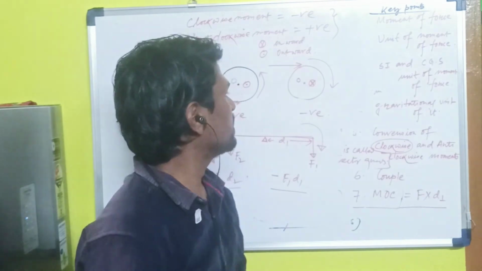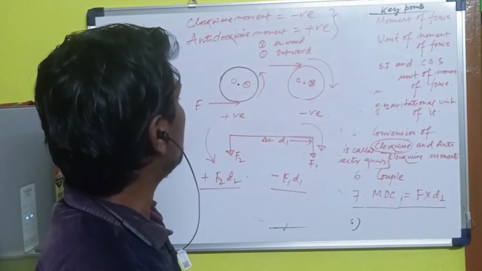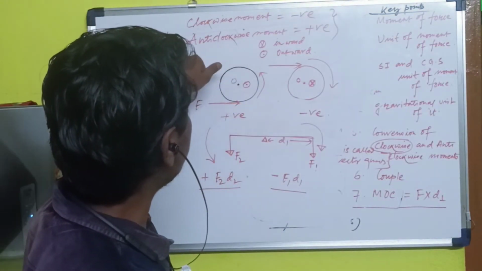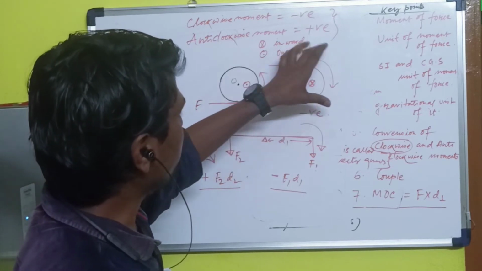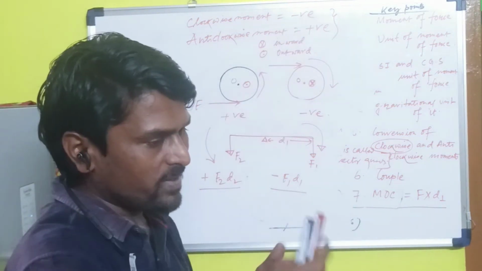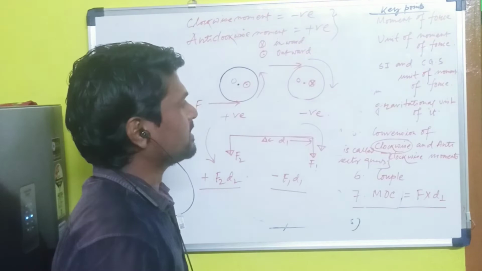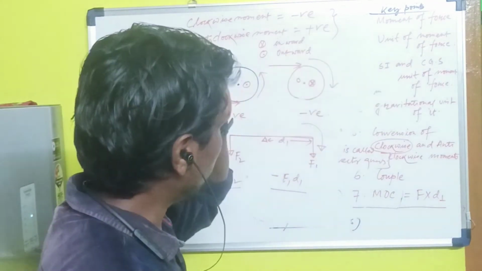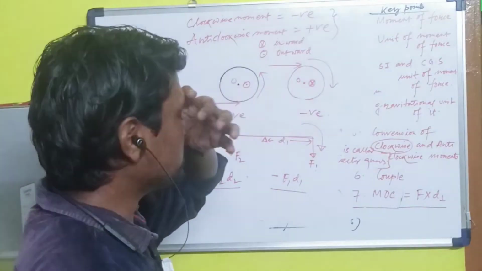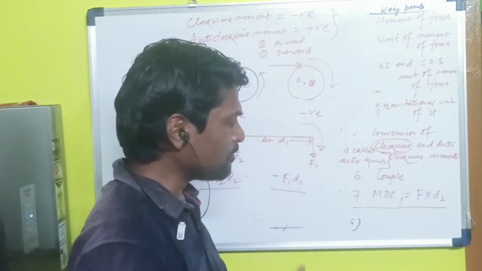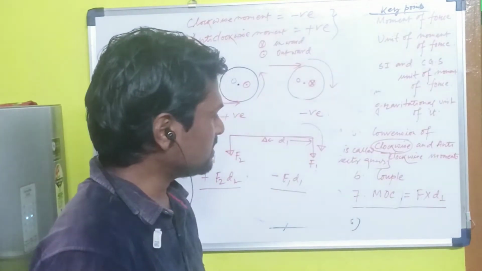When you think it is anti-clockwise, take a positive sign, and when clockwise, take negative. So these are the conventions of clockwise and anti-clockwise moments. The next one is couple.